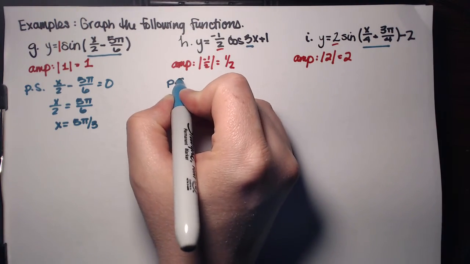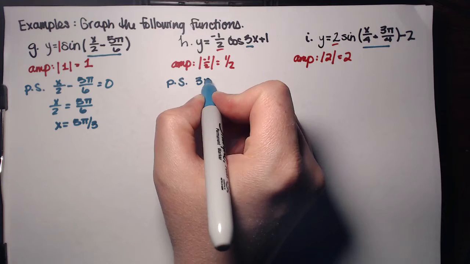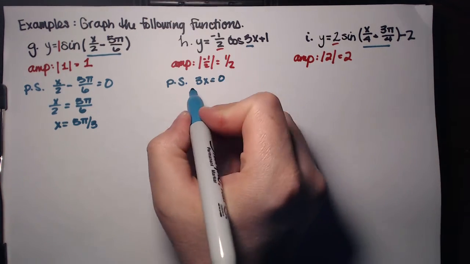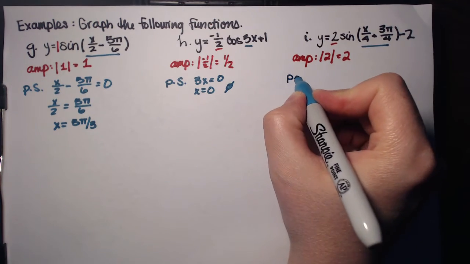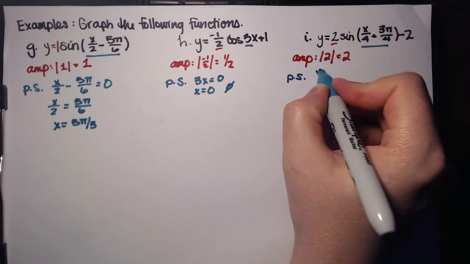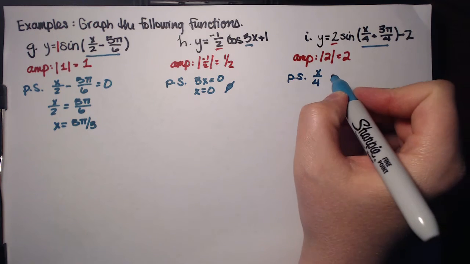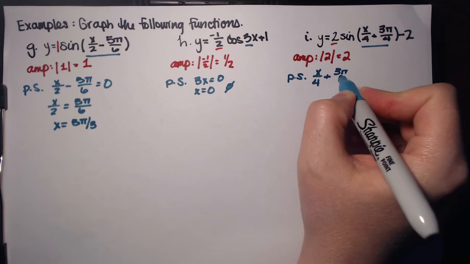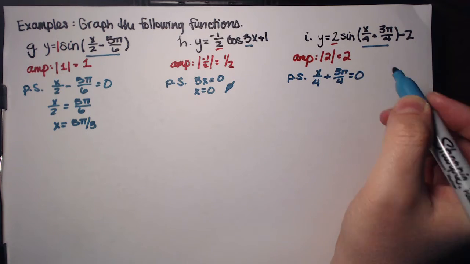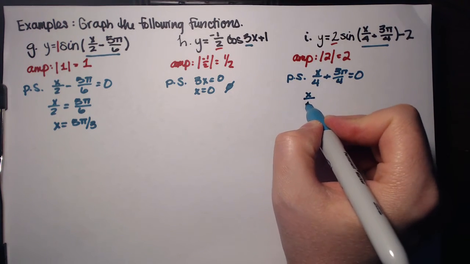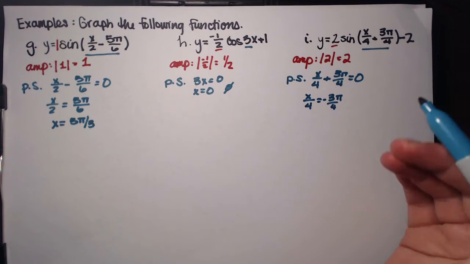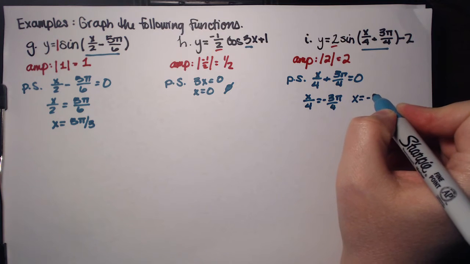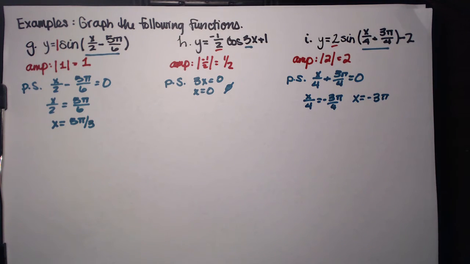On this one, we take 3x equal to 0, divide by 3, x is 0, so I don't really have a phase shift. On this one, x over 4 plus 3 pi fourths equals 0, subtract that over, and multiply by 4. So we're going to be moving backwards pi thirds, or 3 pi.